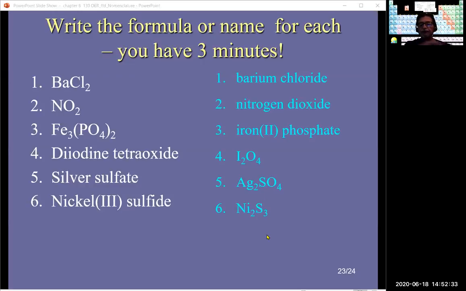And then nickel 3 sulfide. All right, nickel 3 tells you to write the ions. Nickel +3 is the ion. Sulfide, the term IDE means just sulfur by itself, unlike number 5 where it says sulfate. The ATE should tell you polyatomic ion.